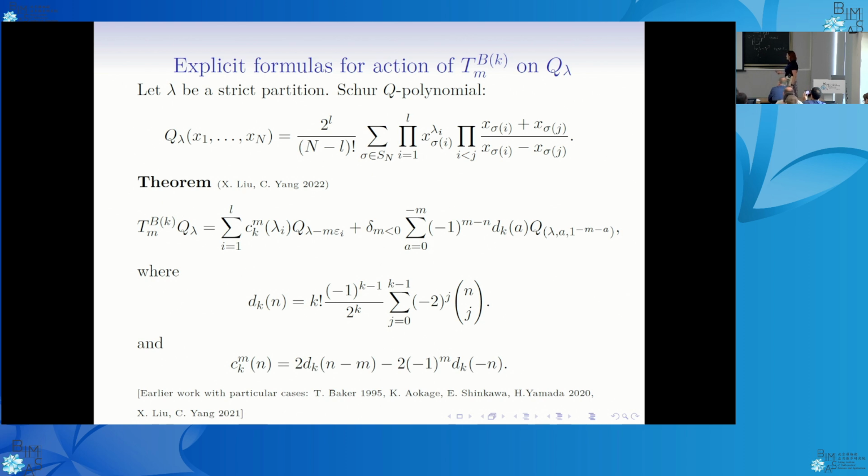Again, there is a recipe to explicitly express this image through other Schur Q functions. This is due to Xiaobo Li and Chuanzhong Li and Yang again. Also, there were some particular cases in earlier works.